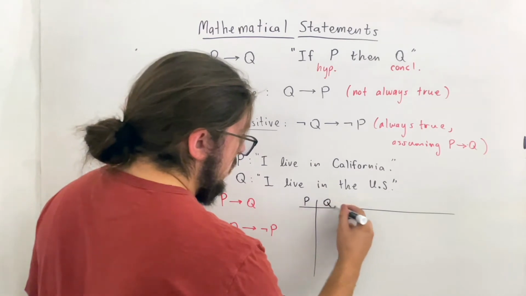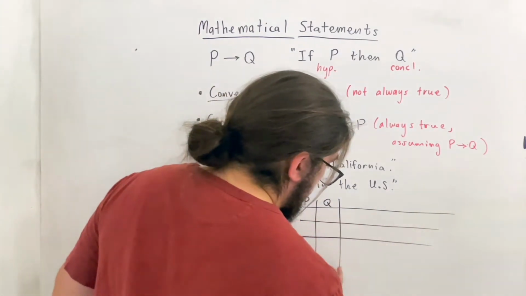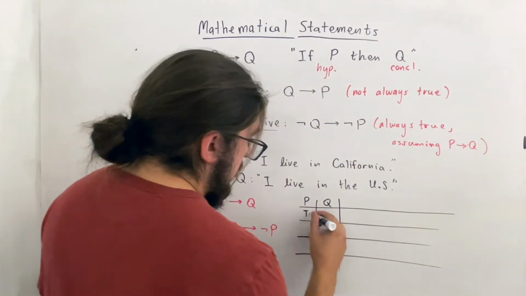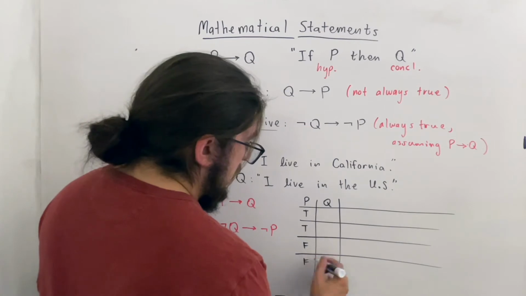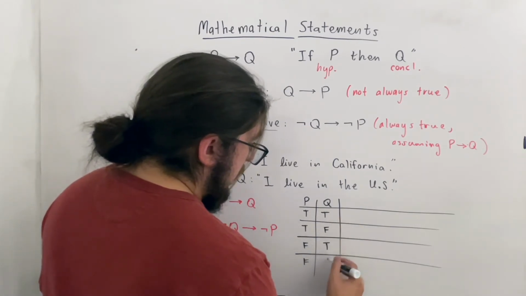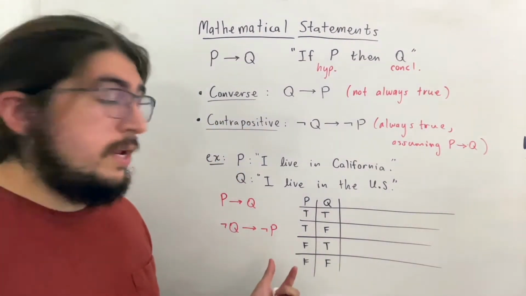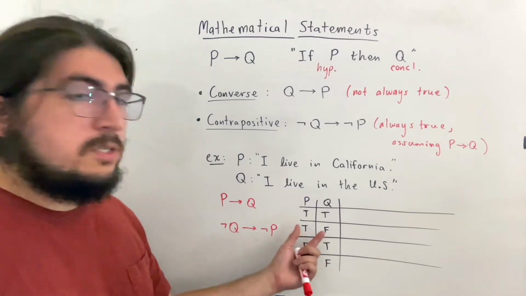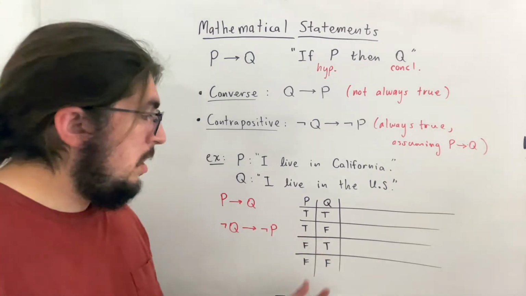We have P and Q. P can be true or false, and Q can also be true or false. The only different combination possibilities are these four here. They're both true, P is true and Q is false, the opposite, P is false and Q is true, or they're both false.